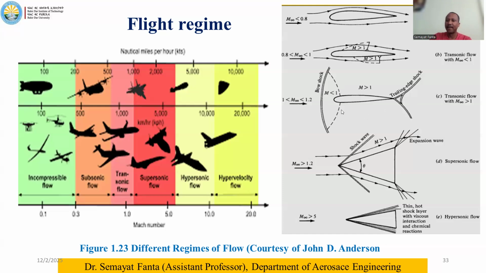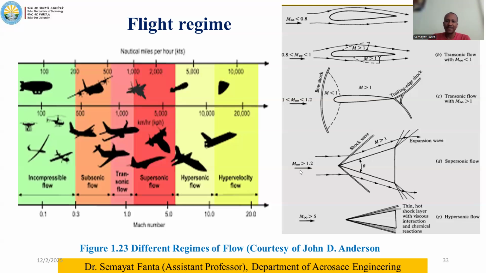Just after the bow shock wave, you can find Mach less than 1. The flow is subsonic in front, and behind the aerofoil the flow is Mach greater than 1, indicating supersonic. Still, it is complex. So professional pilots are advised not to fly within 0.8 up to 1.2 Mach, because the shock wave condition is very complex here.